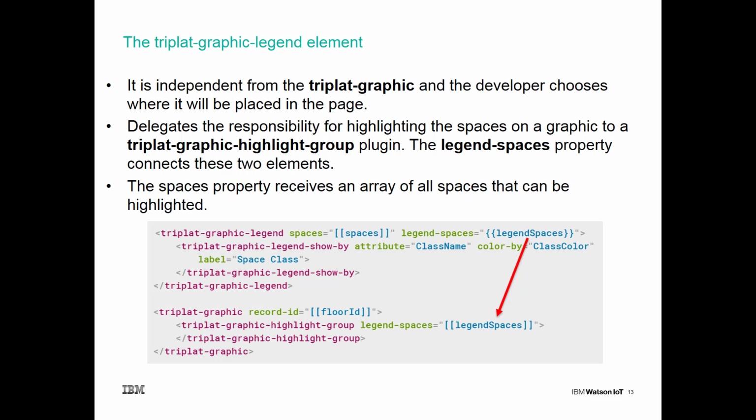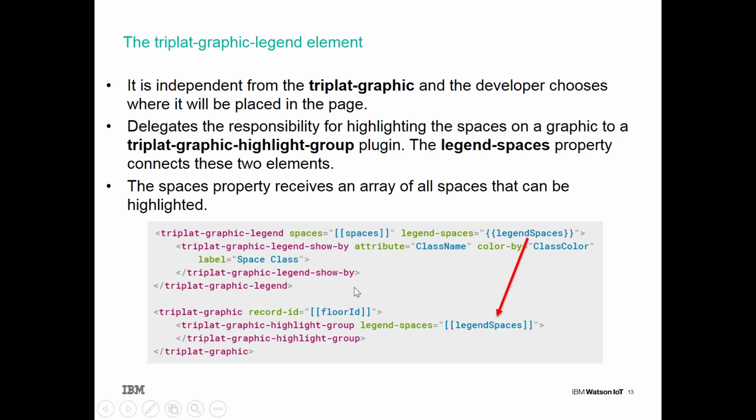The legend delegates the responsibility for highlighting the space on a graphic to the triplat-graphic-highlight-group. So whenever we want to use the triplat-graphic-legend, we also need to use the triplat-graphic-highlight-group.